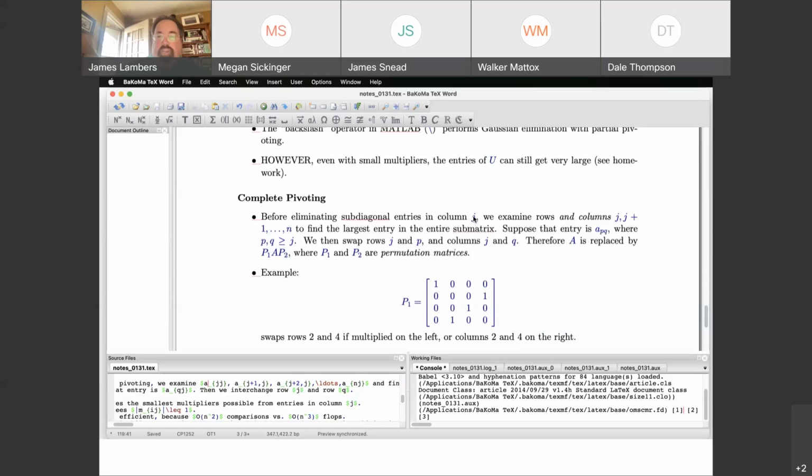If j is equal to 2, you're working on the second column, but it's in the 4-4 entry that you find the largest, then you would use this matrix to carry out the swaps by multiplying on the left and the right. Permutation matrices are very helpful for describing what happens in Gaussian elimination when it comes to row, usually row, but also column interchanges. All they are is scrambling rows or columns of the identity to describe how it would act on a general matrix.